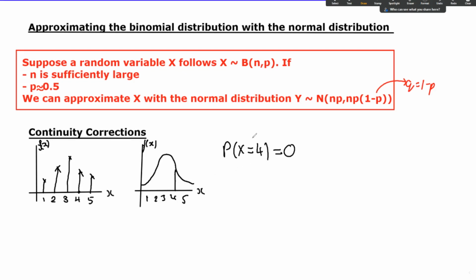Well, what we can do is use a continuity correction, which is, instead of getting what equals 4, we use everything that rounds to 4, so from 3.5 to 4.5.